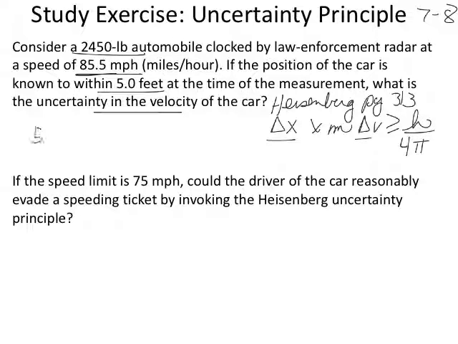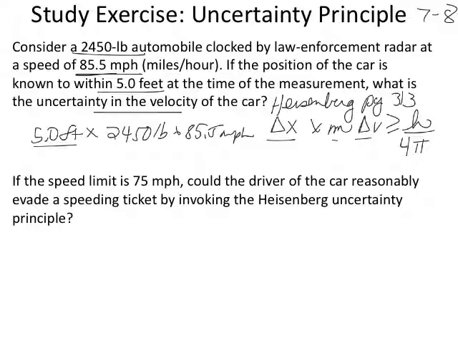So I just worked it like this: 5.0 feet, because that's your position, times your mass, m, 2,450 pounds, and your velocity, 85.5 miles per hour. What is the uncertainty in the velocity?